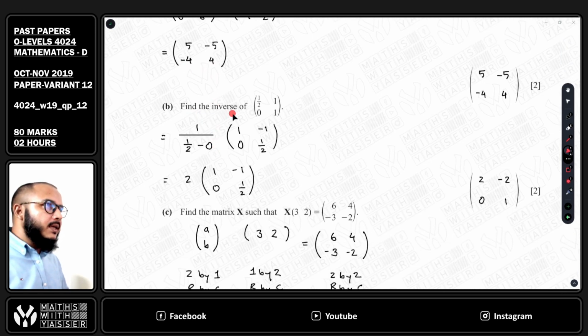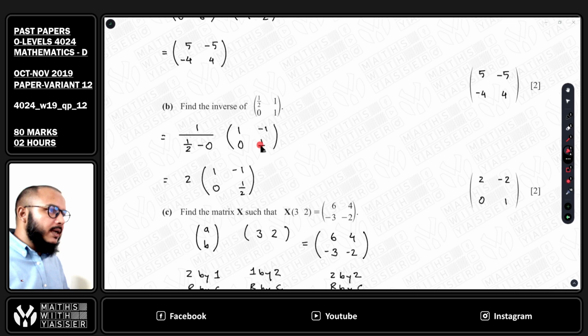Then it says find the inverse of (half 0; 1 1). In order to do the inverse, we use the formula 1 over AD minus BC, and then we switch the positions of these two elements and we change the sign of these two elements. So 1 over AD is half times 1, which is half, minus BC is 0 times 1 is 0, and 1 has taken this element's position and half has switched position with 1.